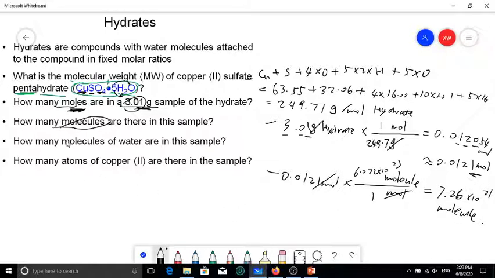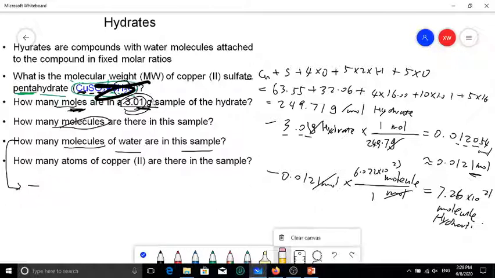Next question: how many molecules of water are in the sample? All of the following questions originate from the 3.01 grams, and this is that many molecules of hydrate. If you look at this formula again, it tells us that in every one molecule of the whole thing, there are 5 water molecules.